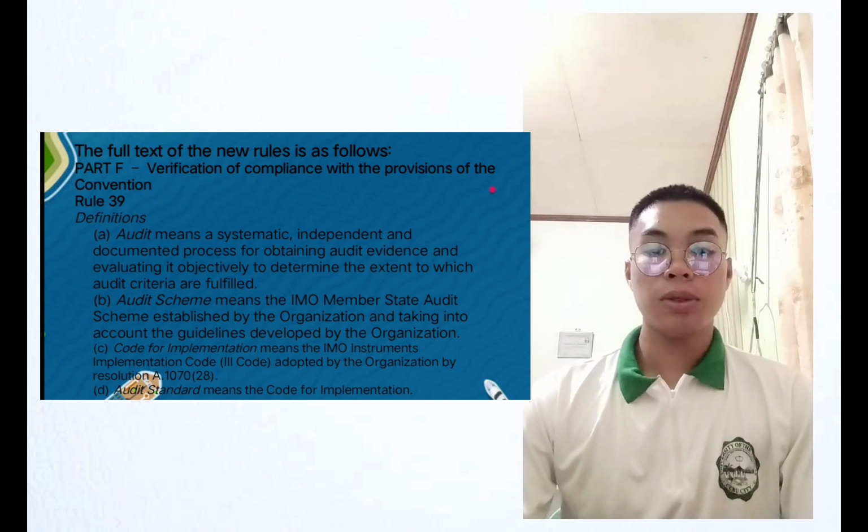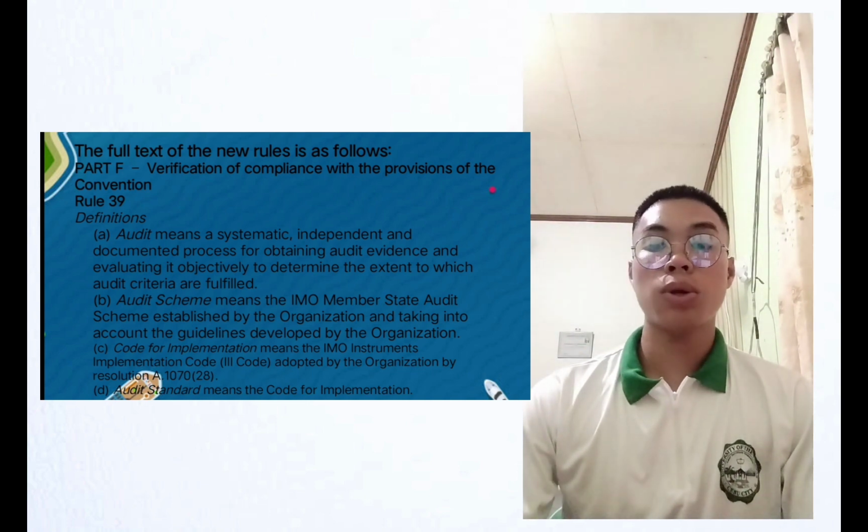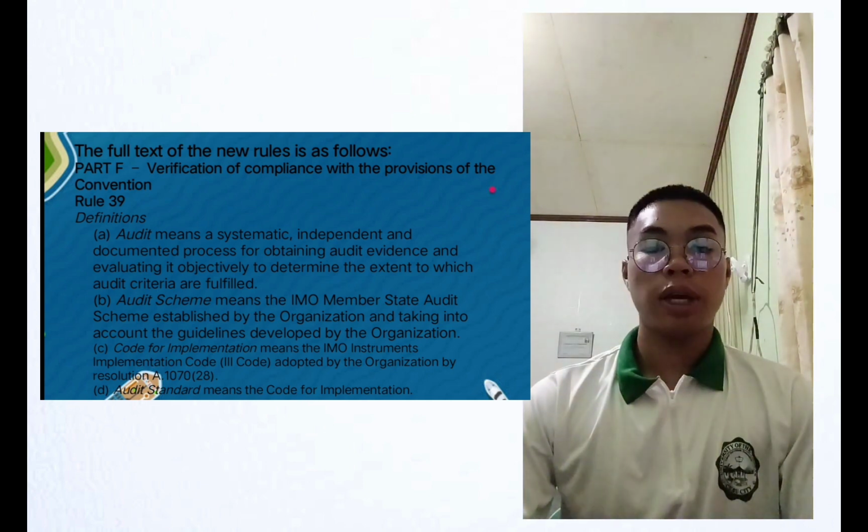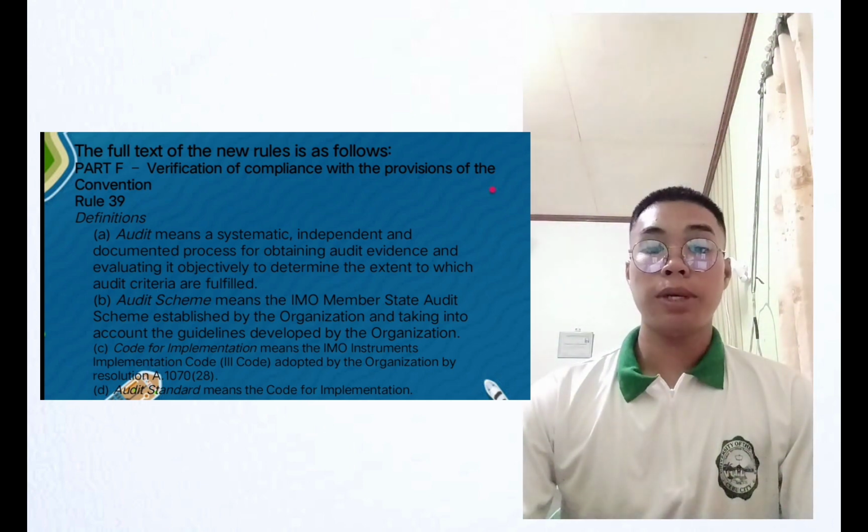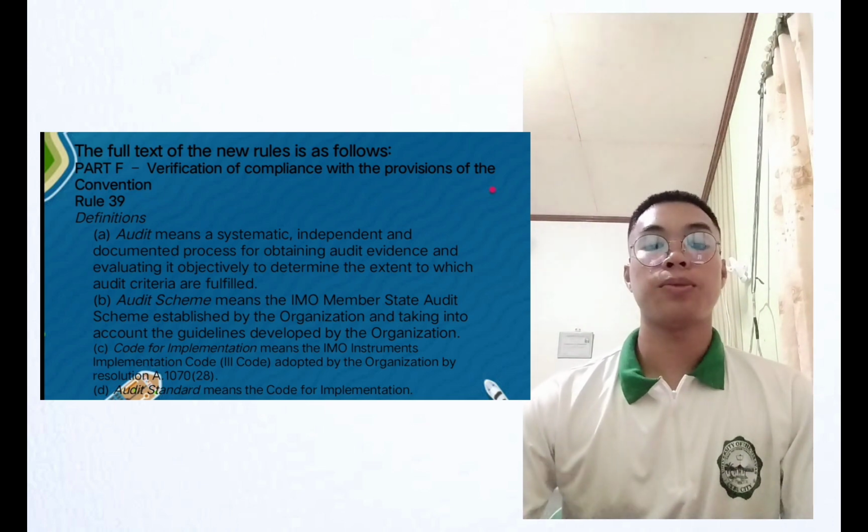Code for implementation means the IMO Instruments Implementation Code number 3 adopted by the organization by Resolution A.1070(28). Audit standard means the code for implementation.